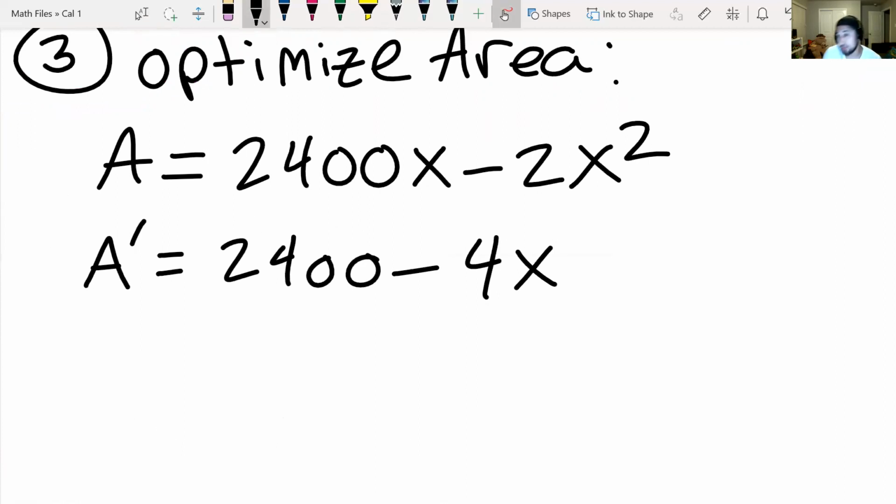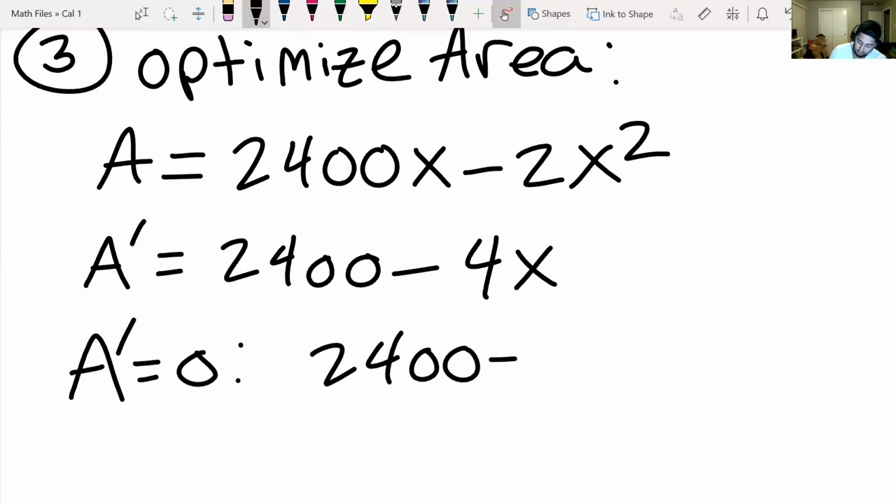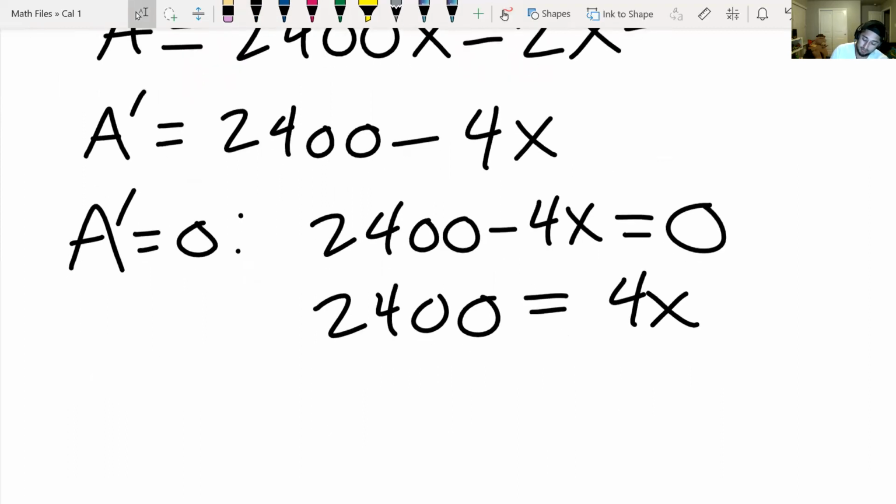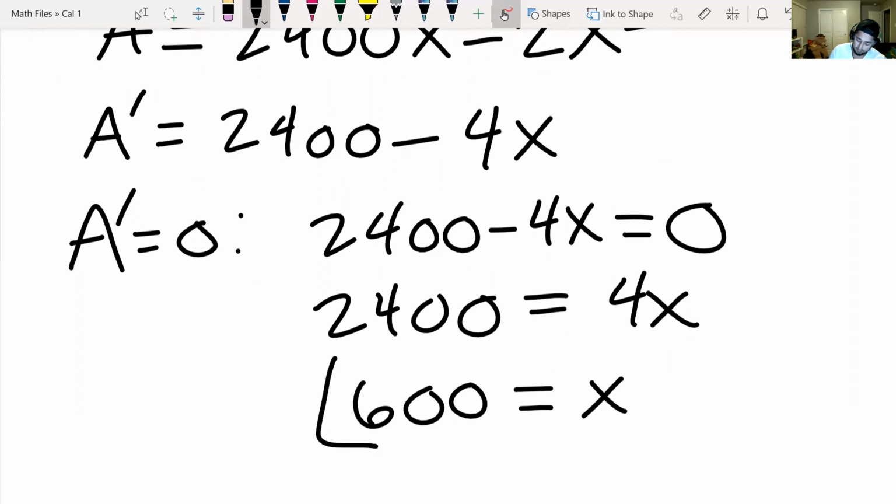Then after you optimize something, you minimize something, you maximize something, you set the derivative equal to 0. So 2400 minus 4x equals 0 will give me 2400 equal to 4x. Divide by 4, and x should be 600.